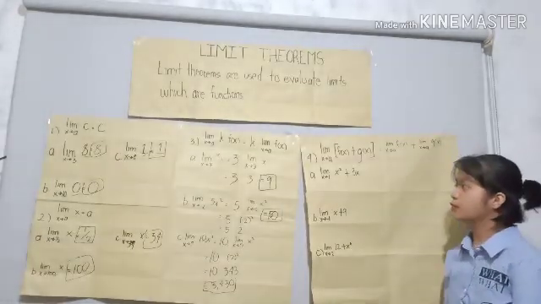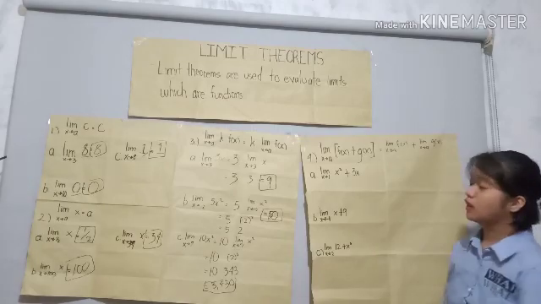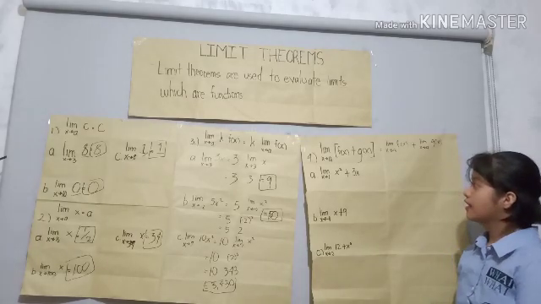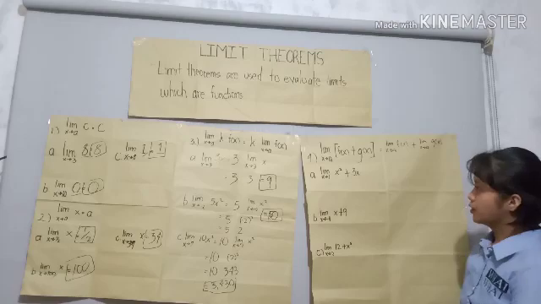So for the first example, the limit of x squared plus 3x as x approaches 1.